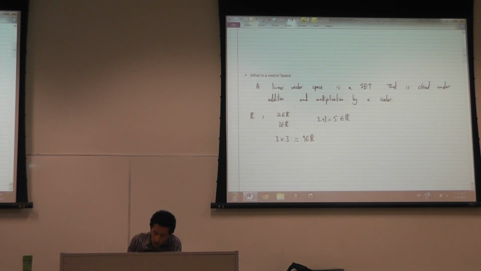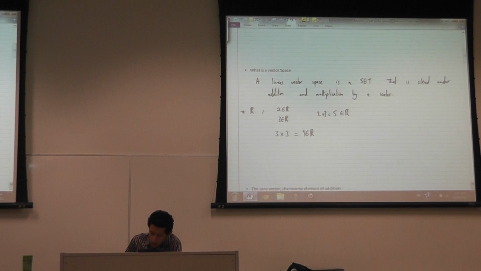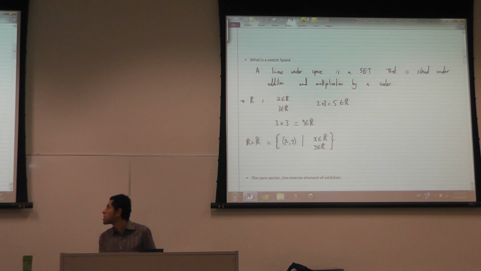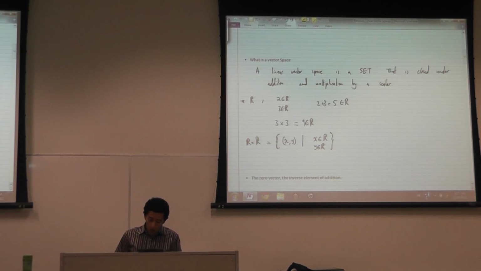So R is not the only linear vector space. You also have R cross R, where R cross R is the set made out of two elements, one from the first and one from the second. So the set of ordered pairs. Any vector in the set, if you add it to another vector in the set, you get another vector in the set.